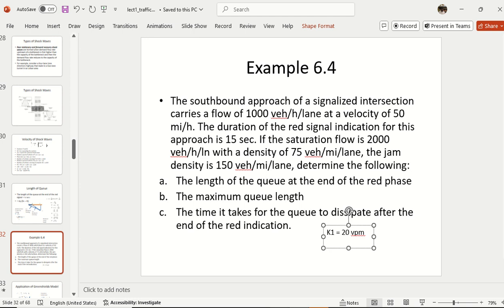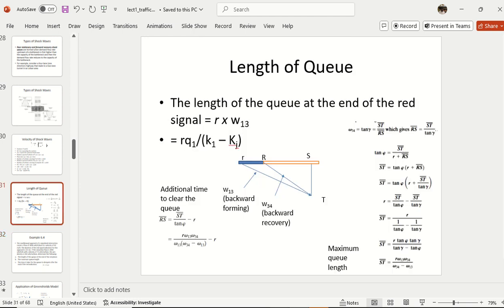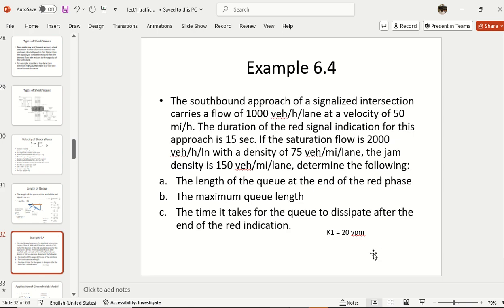Okay, length of the queue at the end of red phase, how much was it? You have Q1, K1 and KJ. Q1 is 1000, K1 is 20, KJ is 150. It will still be negative, right? So length of the Q, how much?